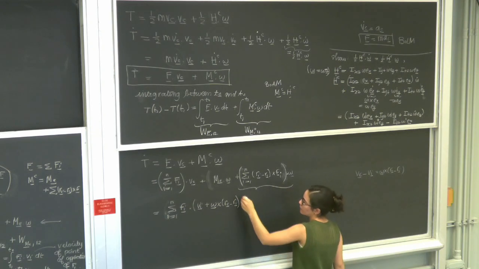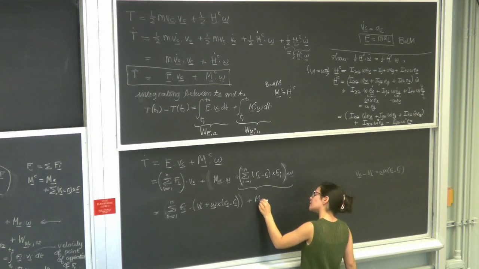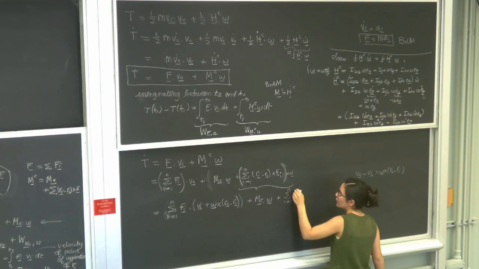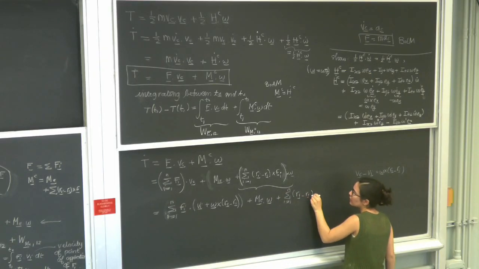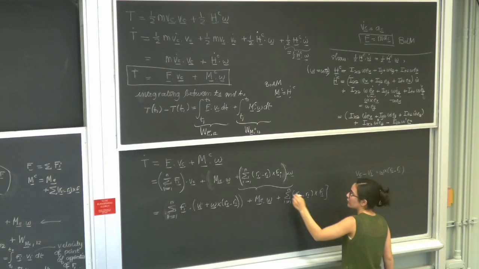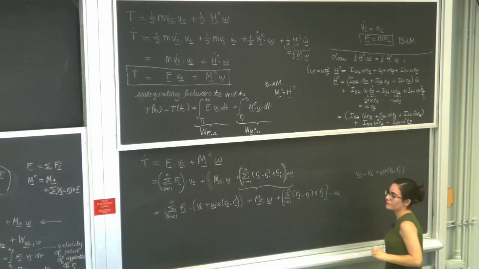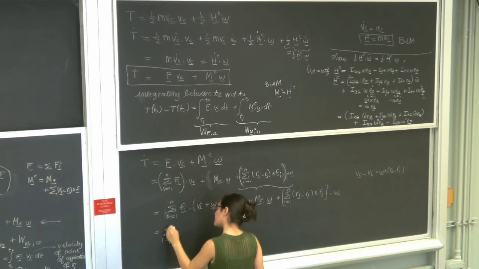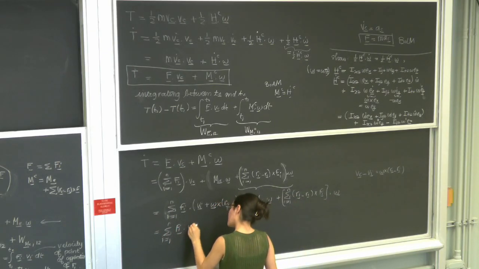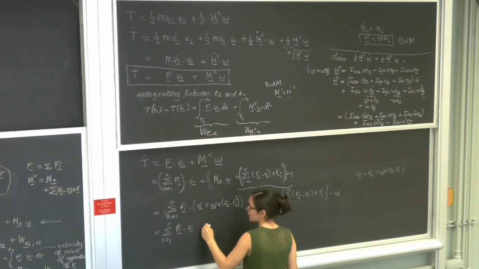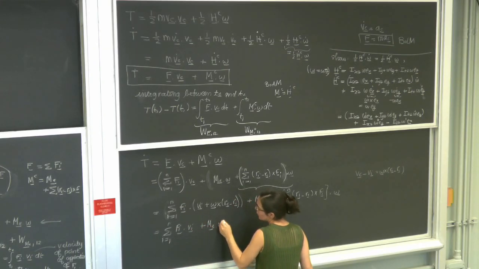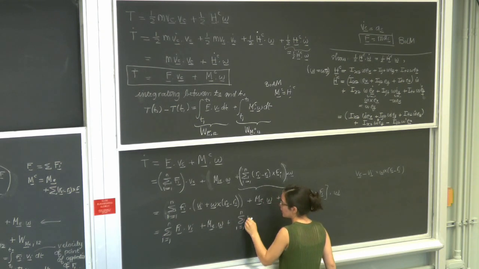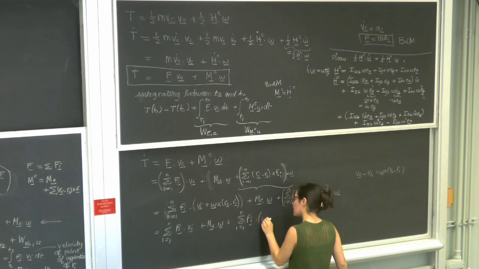Okay, and plus Me dot omega plus the sum, i equals 1 to n, of Ri minus Rc cross Fi dot omega. So this is the sum, i equals 1 to n, of Fi dot Vi plus Me dot omega plus the sum, i equals 1 to n, of Fi dotted with omega.